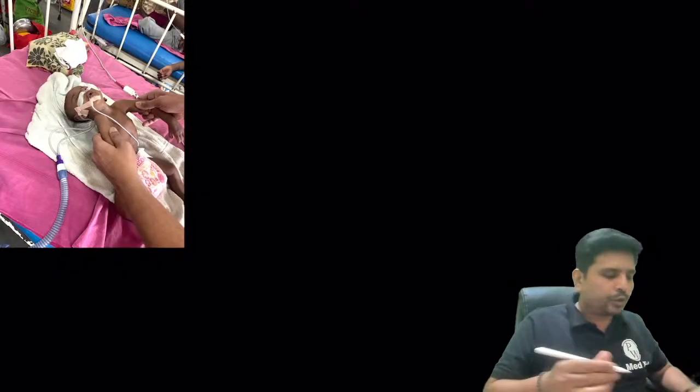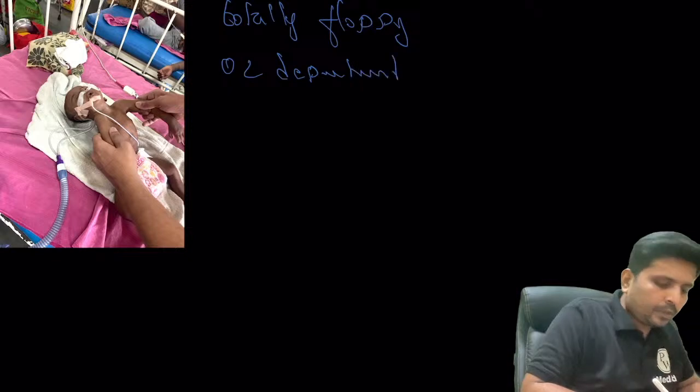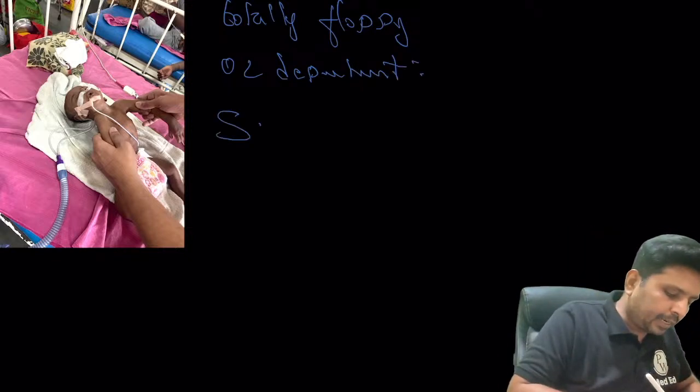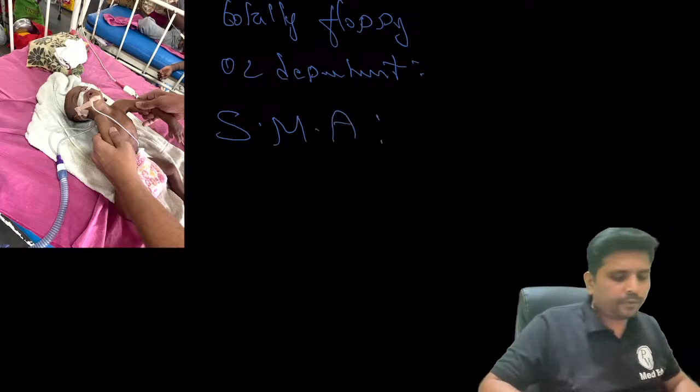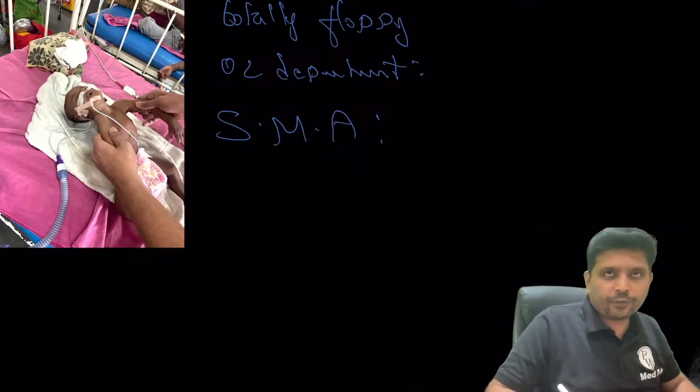Okay, right. What is this? Child is totally floppy, and the child is oxygen dependent. So what is this called? This is spinal muscular atrophy.